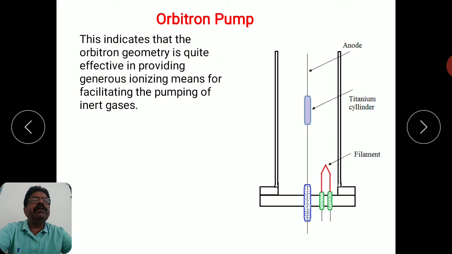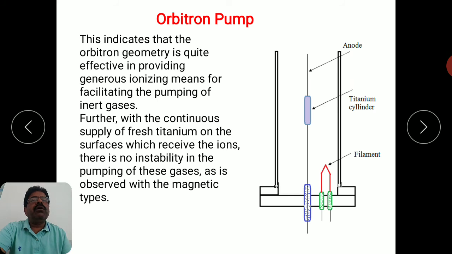So the pumping of inert gases is quite possible with this orbitron pump. With the continuous supply of fresh titanium, because of the striking of electrons and sublimation of the titanium cylinder, freshly deposited titanium will be available on the surfaces of the outer wall, which receives the ions.